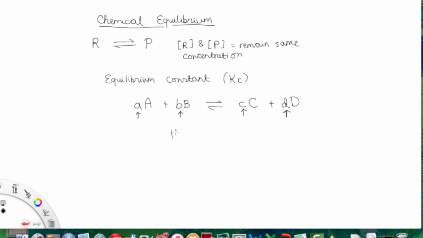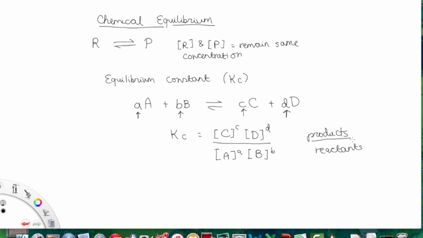Then Kc, the equilibrium constant, which means that the ratio of products to reactants is the same, can be written as the concentration of C to the power of small c, which is the coefficient, the concentration of D to the power of d, and the reactants on the bottom. So basically, it's products over reactants, but looking at it from a concentration point of view and also taking into consideration the coefficients.